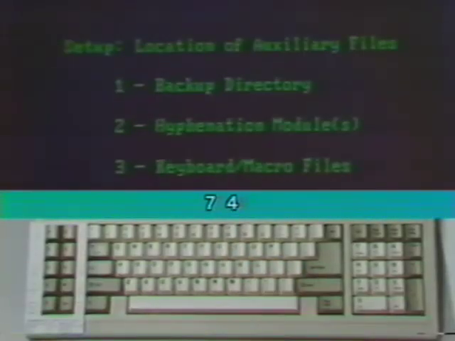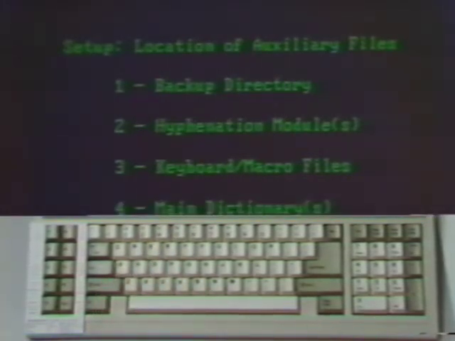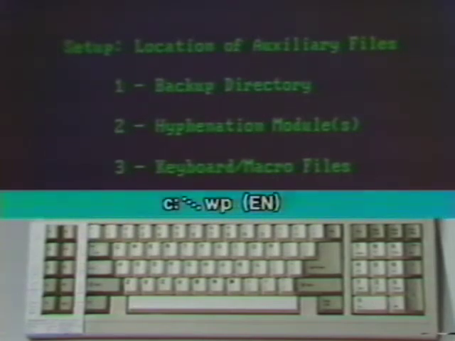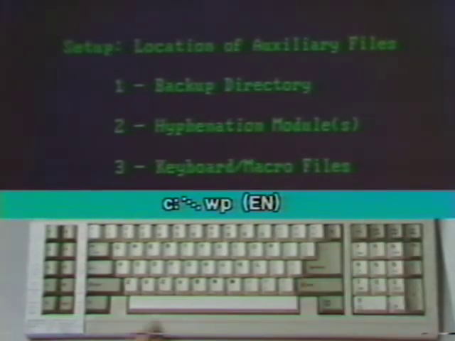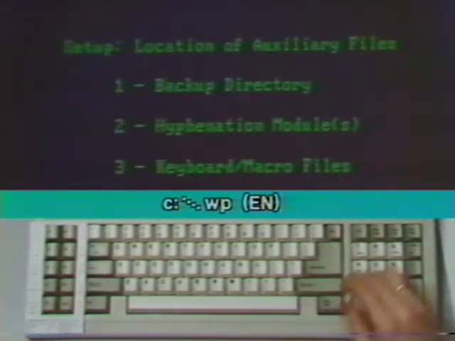The next default is the location for the auxiliary files for the speller and thesaurus. Type 7 to get the location options and 4 for the speller directory. For hard disk systems, type the path name C:/WP and press Enter.